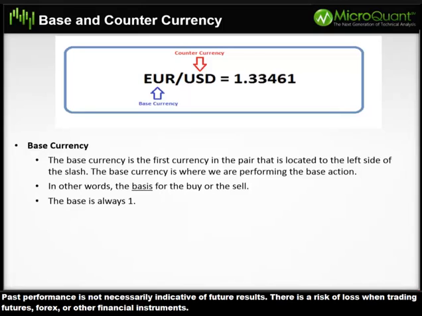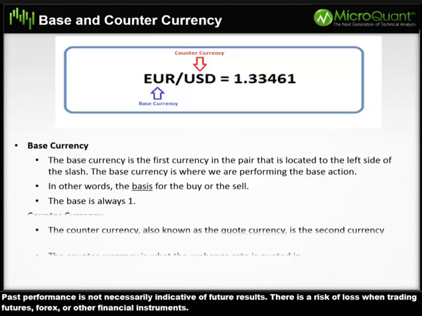So whether we buy or sell, that's going on based off the EUR in this case, the euro dollar. In other words, this is the basis for the buy or the sell. And it's worth noting that the base is always 1. So if that was a GBP, that would be 1 pound. If that was the EUR right here, that would be 1 euro, and so on.